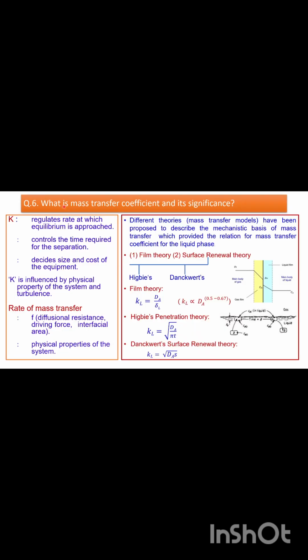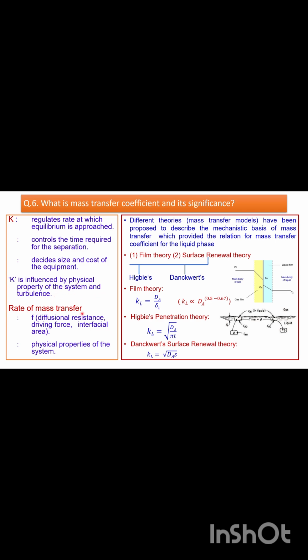What is the mass transfer coefficient and its significance? The mass transfer coefficient K regulates the rate at which equilibrium is approached. It controls the time required for the separation and also decides the size and cost of the equipment. The mass transfer coefficient is influenced by the physical properties of the system and turbulence.